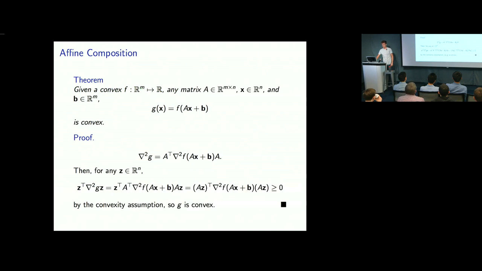Another example: if we have an affine combination, so if you insert ax plus b into a function and treat that as a new function, that won't change the convexity of the function. That's going to be convenient later, as we'll see. Basically, if you take 2 derivatives, it just brings out an A transpose and an A on both sides of the old second derivative.